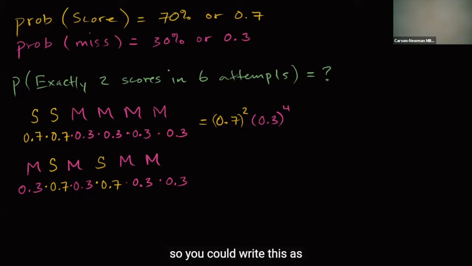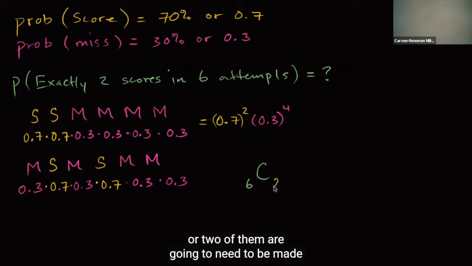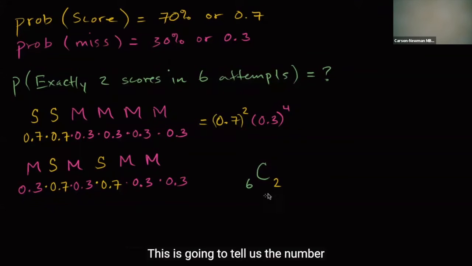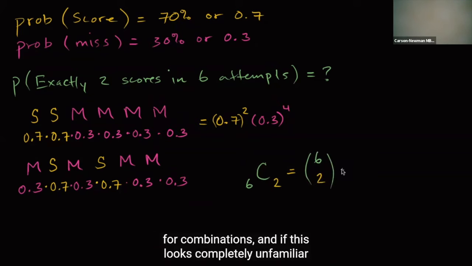So you're picking from 6 attempts, and you're picking 2 of them to be made. That tells us the number of different ways you can make 2 scores in 6 attempts. And of course, we can write this in the binomial coefficient notation, 6 choose 2, and we can just apply the formula for combinations.